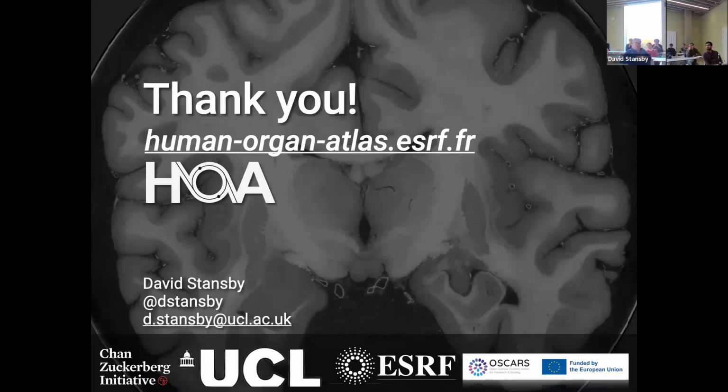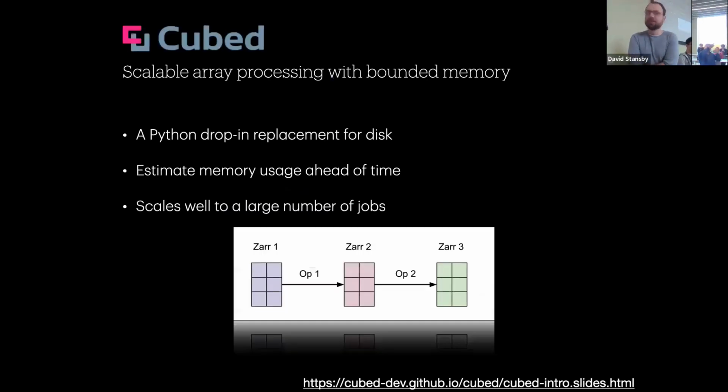So, pursuing that line of questioning: the library that's not yours, Cubed. You were talking about upsampling, downsampling. Can you compose operations into more complex kernels?